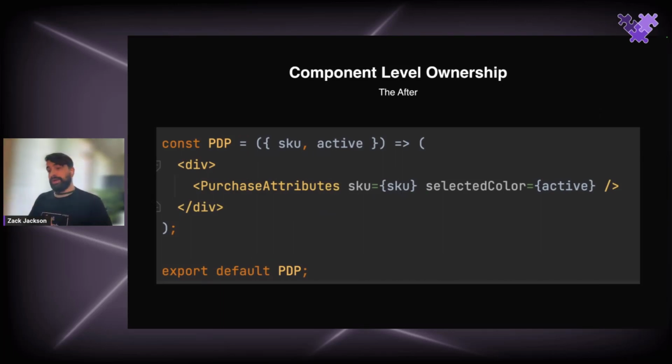This is what I would try to build out in a federated world. The idea would be, instead of giving it all the data and it being a dumb component, what I would want is for the team that's exposing it to treat it similar to how they would treat a library or a service. I'm going to pass some basic hints about what I need this purchase attributes to do, but it's going to actually take that and do the heavy lifting.